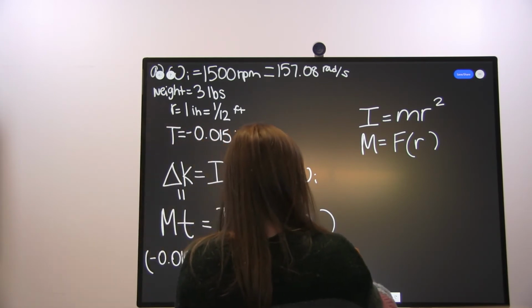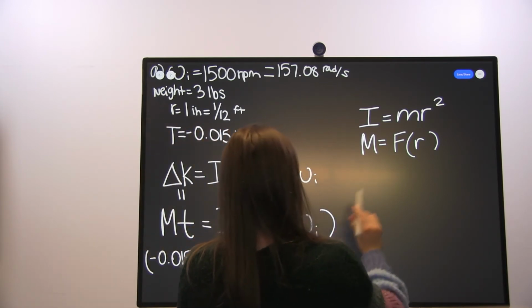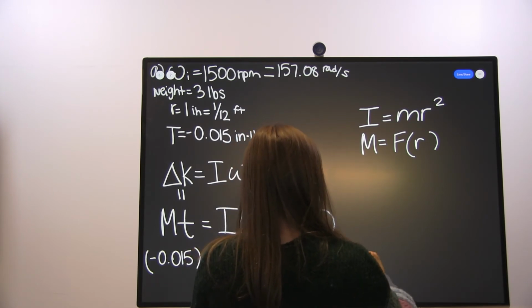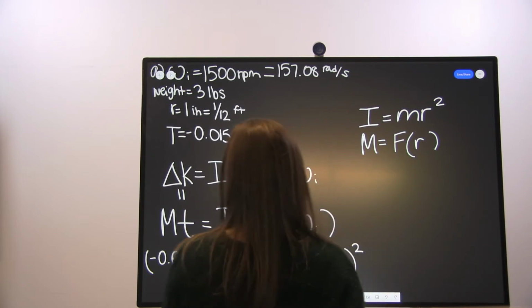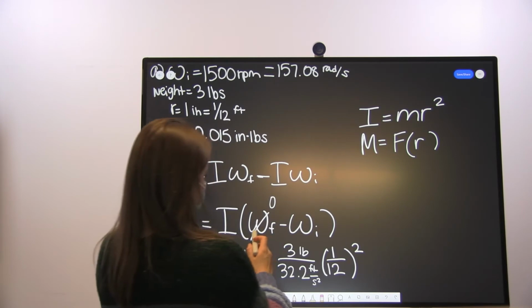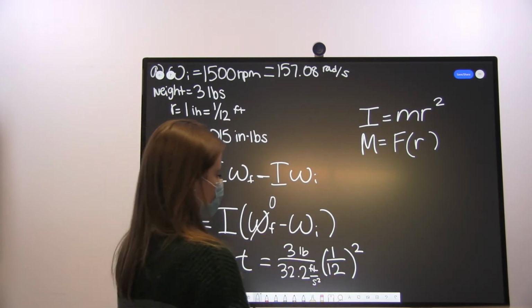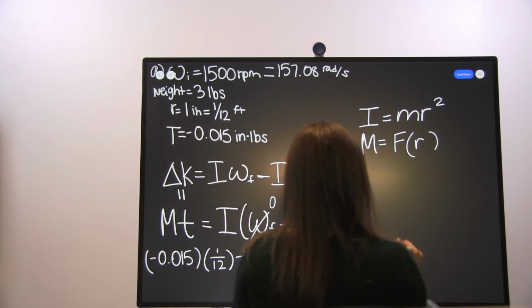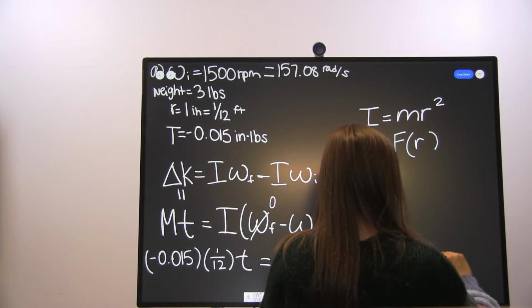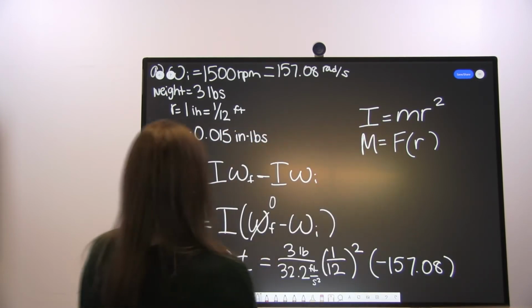And then we multiply that by our radius, which is 1/12 feet squared, and our final angular velocity is 0, so we're just multiplying by negative 157.08 radians per second.